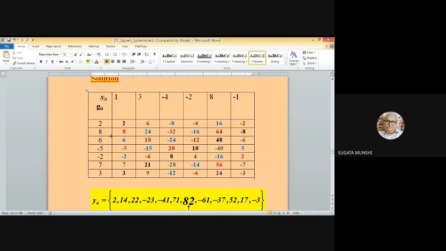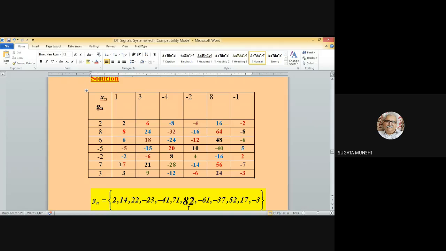So just see the first sample of convolution, the leftmost sample of convolution will be 2. Next sample of convolution will be, you draw a straight line in this manner, so you add up what I have represented in red. That means 8 plus 6, 14.